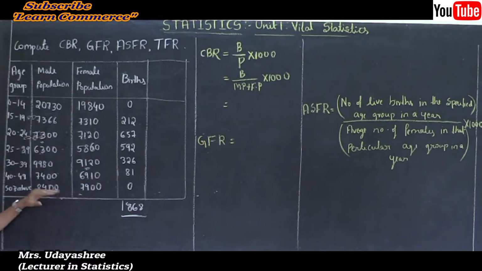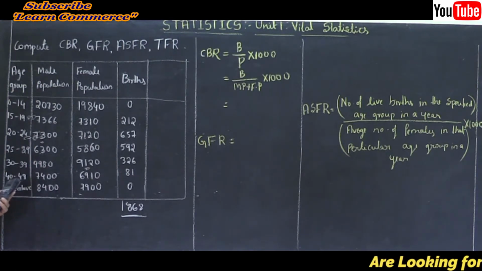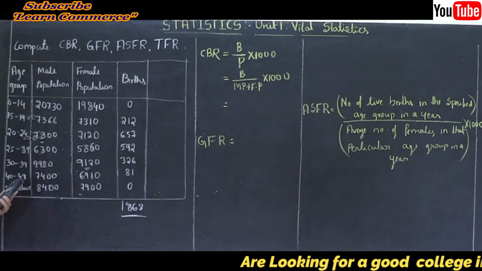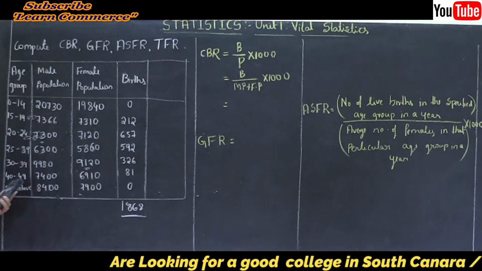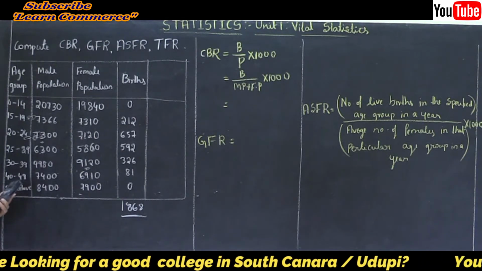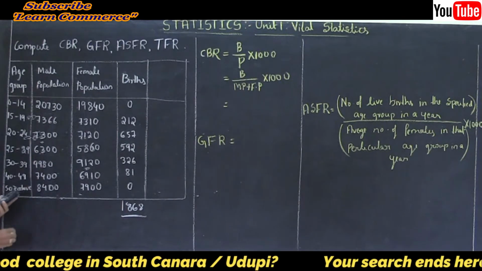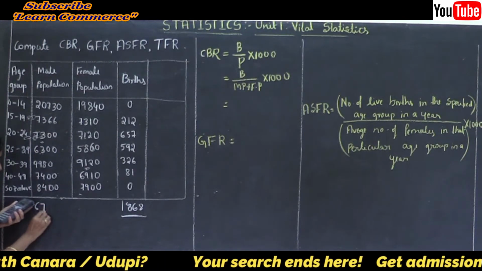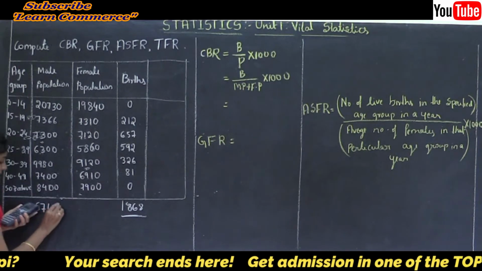In the male population, the first observation is 20,730 plus 7,366 plus 7,300 plus 6,300 plus 9,980 plus 7,400 plus 8,400. The total of this is 67,476.